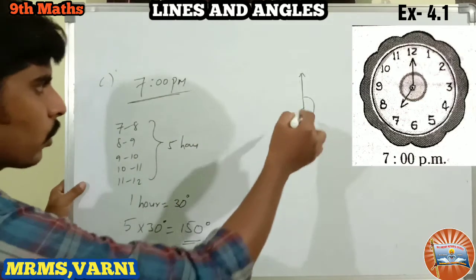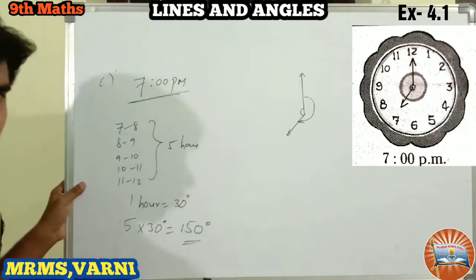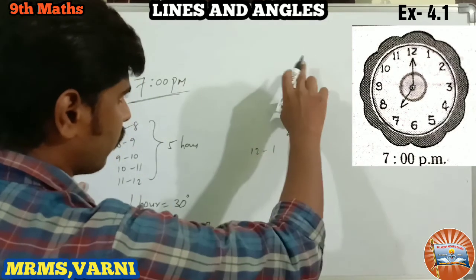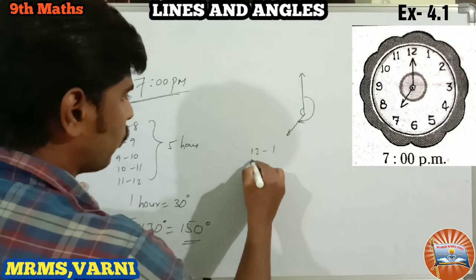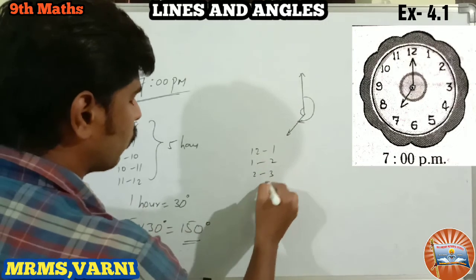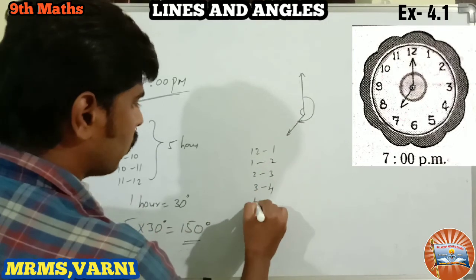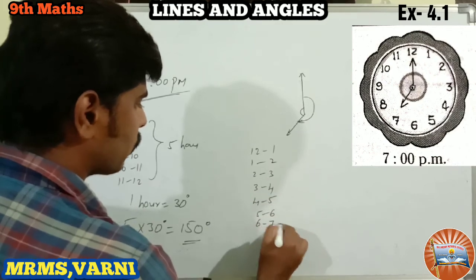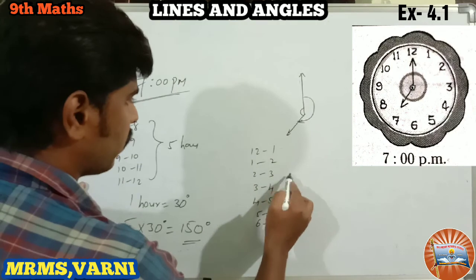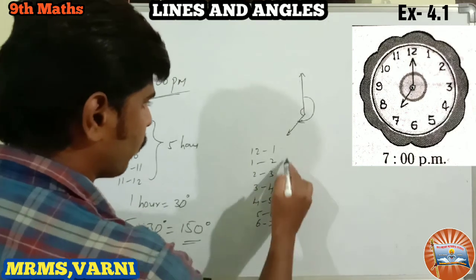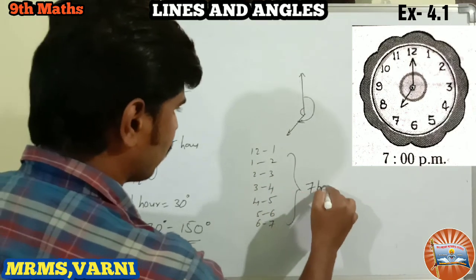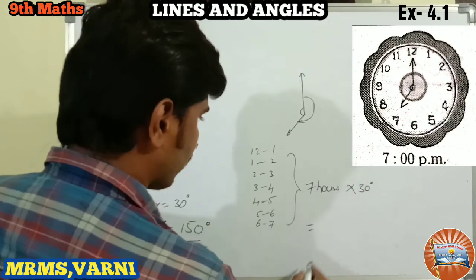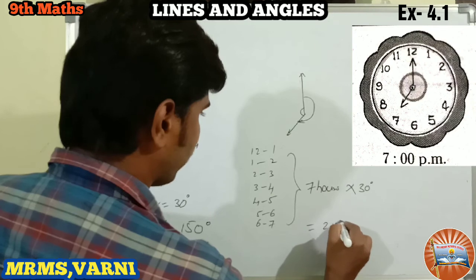If you measure the reflex angle, what is it? Look here, we are counting from 12 to 1, 1 to 2, 2 to 3, 3 to 4, 4 to 5, 5 to 6, 6 to 7, that is 7 hours, into 30 degrees, which is 210 degrees.